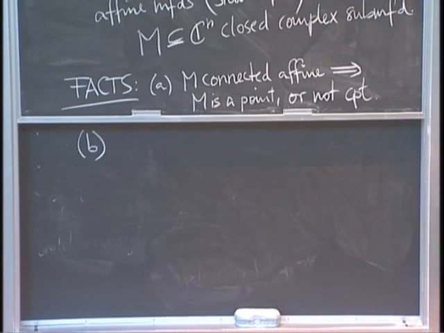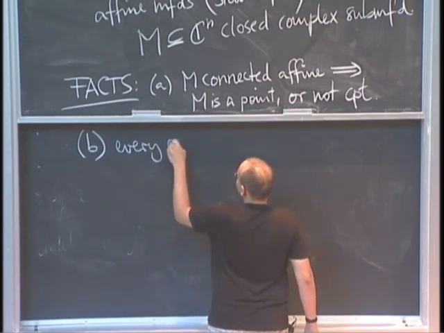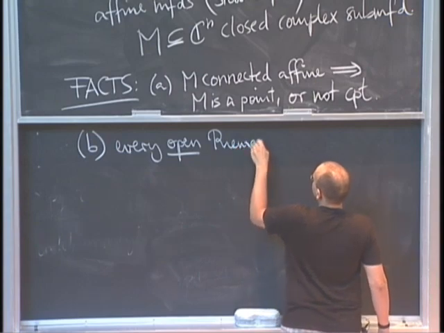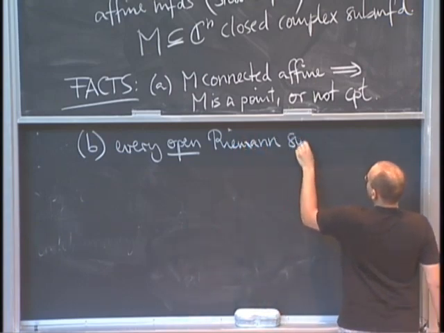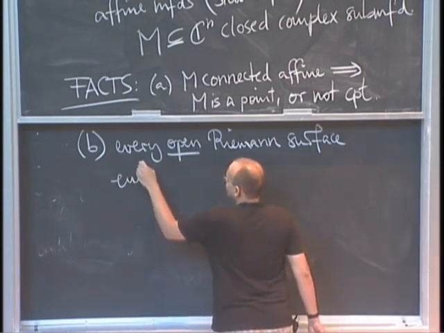The second fact is that every non-compact Riemann surface is actually Stein or affine, and you can embed it into C^3. So every open Riemann surface embeds holomorphically into C^3.